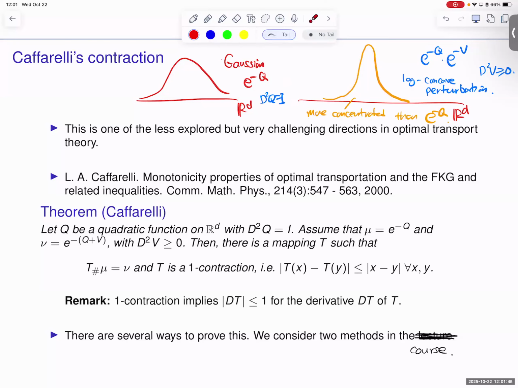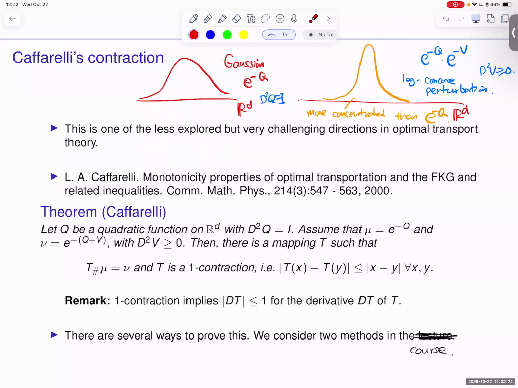So the mapping, at least in an average sense, should be contracting, right? You don't want to expand this distribution. If you expand it, you will get more dispersed distributions, not this more concentrated distribution. So to get this more concentrated distribution, you want some kind of contraction as the mapping.